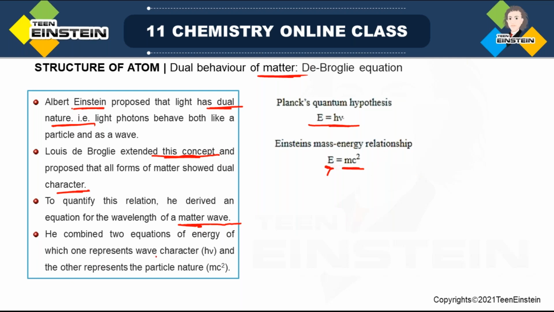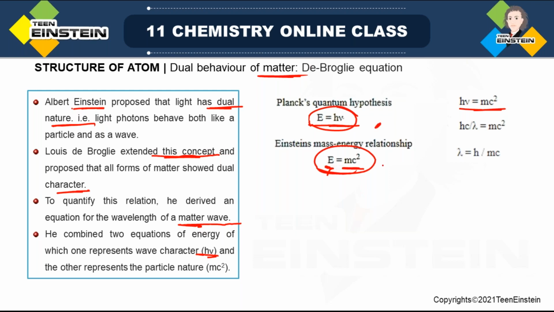Now de Broglie combined these two equations of energy. The first equation, E equal to h nu, represents the wave character. And the second equation, E equal to mc square, represents particle nature. If we combine these two equations, we can write h nu is equal to mc square.